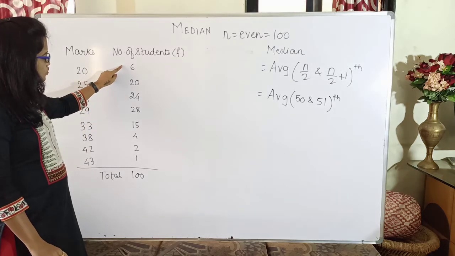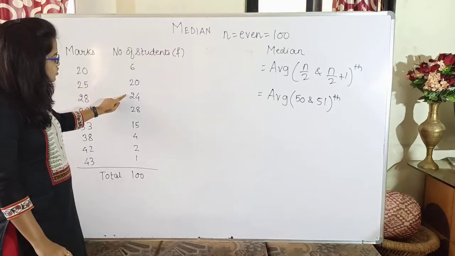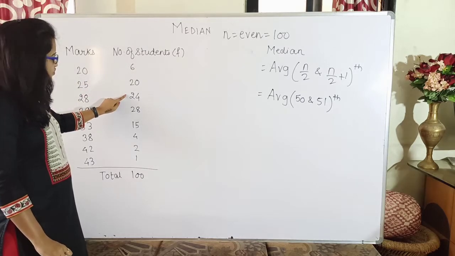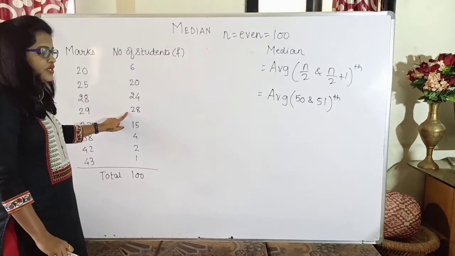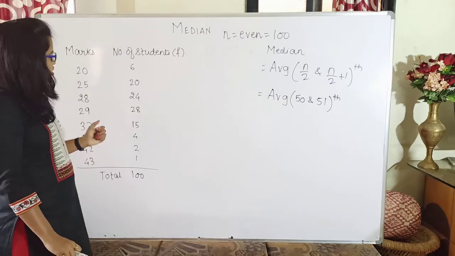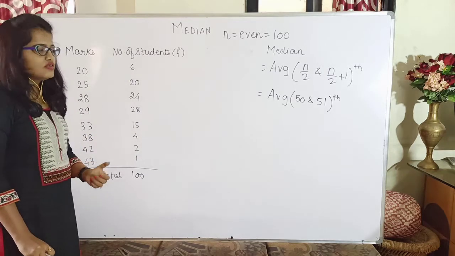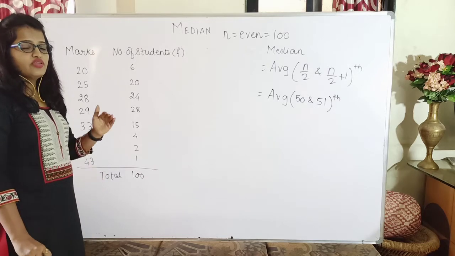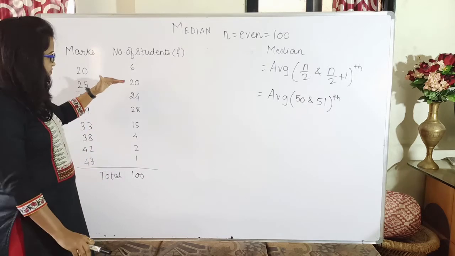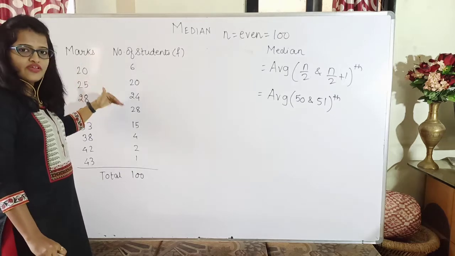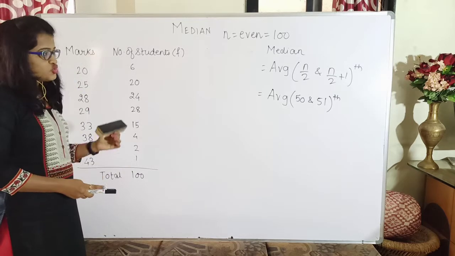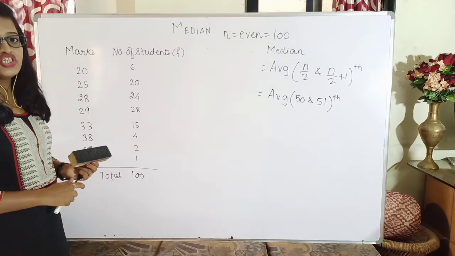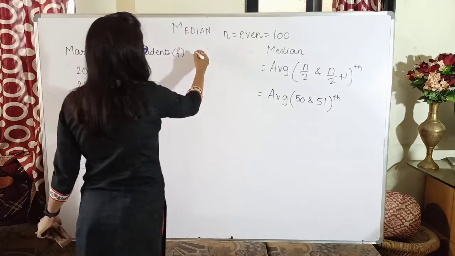So 20 plus 6, 26, then 26 plus 24 is 50, then 50 plus 28 and so on, isn't it? Rather than adding it here, why don't we make another column for it, wherein we add the frequencies prior to these values. Such a column is called cumulative frequency.